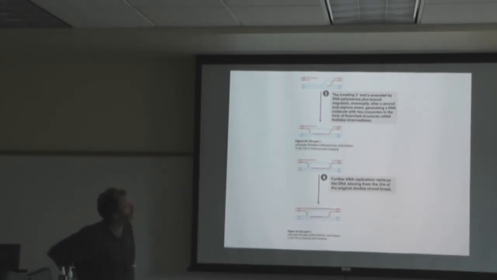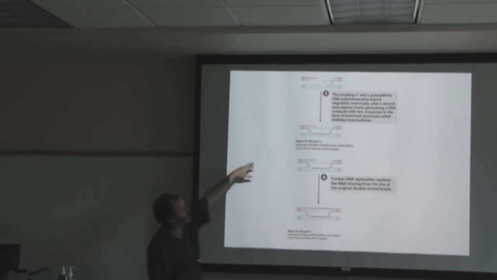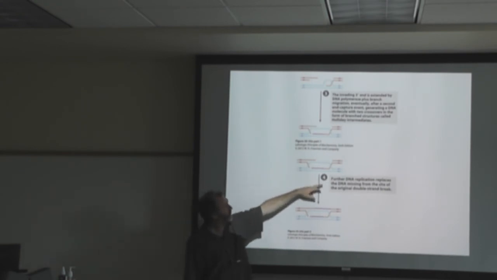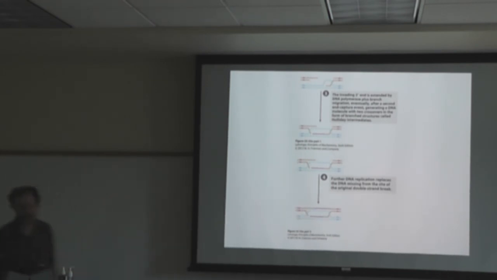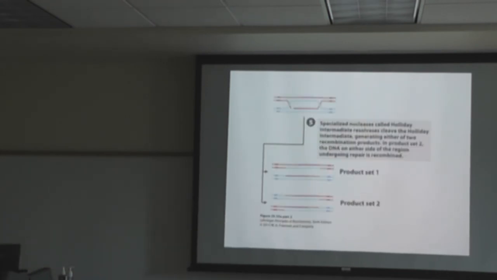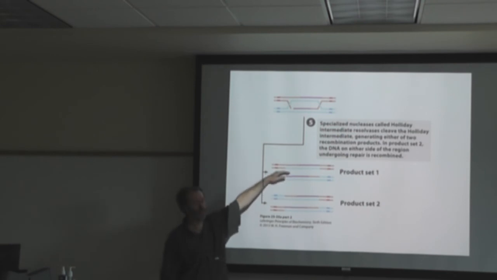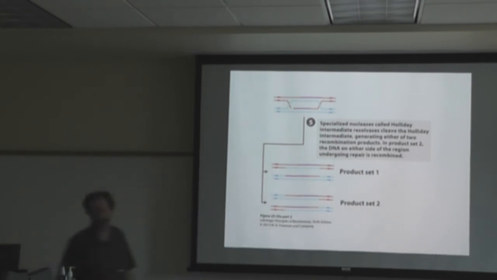Eventually, after the second end capture event, the generated DNA molecule with two crossovers is formed, a branched structure called the Holliday junction. Further DNA replication replaces the DNA missing from the site of the original double-stranded break. And then the nucleases can produce the two different sets of recombinations, depending on which direction it cuts from, right?